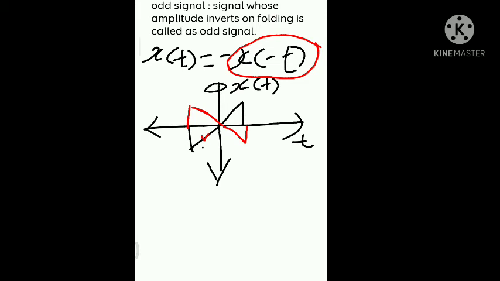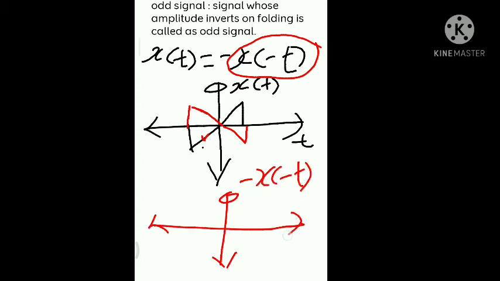Now you can observe that x(t) is not equal to x(-t), but if you invert the amplitude, that means this is your x(-t), so minus x(-t) means the amplitude is inverted.